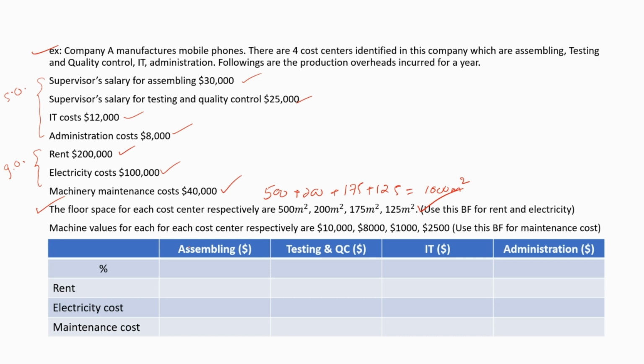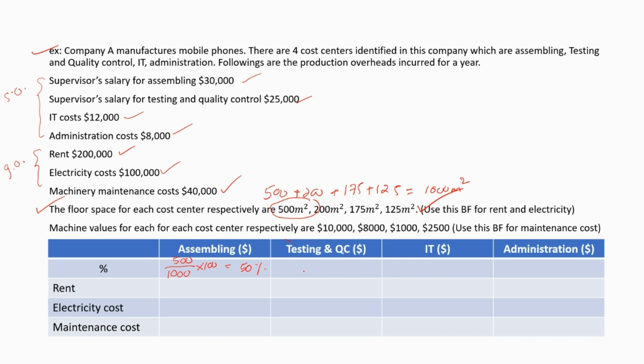So using this value, we have to calculate the percentage value for each cost center. Now let me calculate the percentage for assembly. So the total value is 1000 and the floor space for assembly is 500. They have given it here. This is the floor space for assembly multiplied by 100. This is the percentage for assembly, which is equal to 50%.